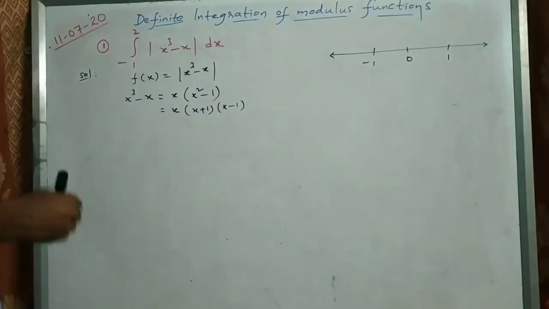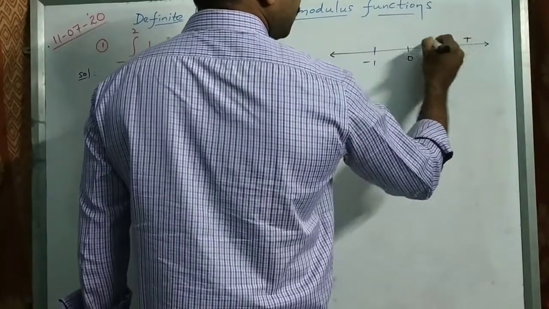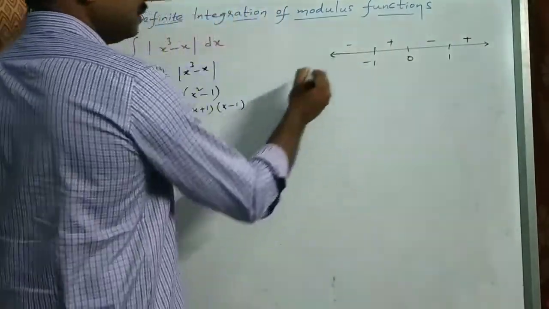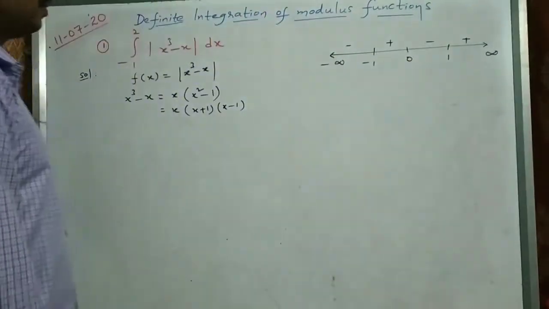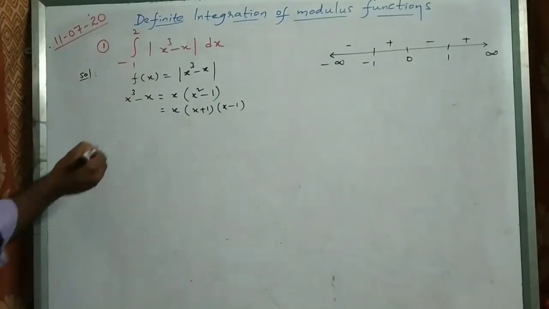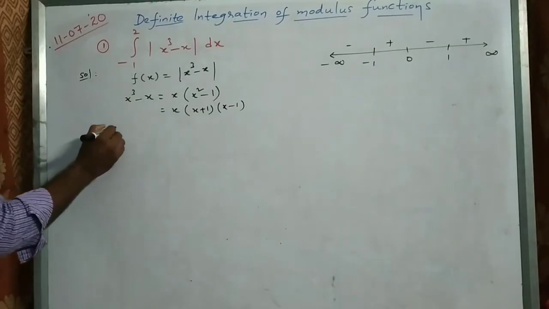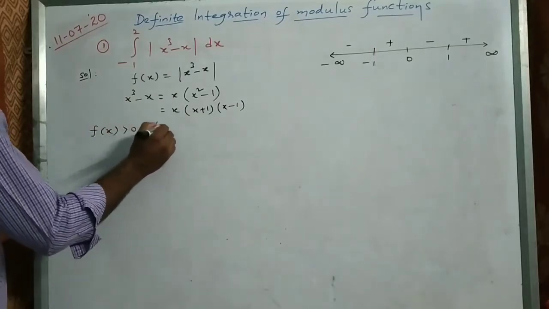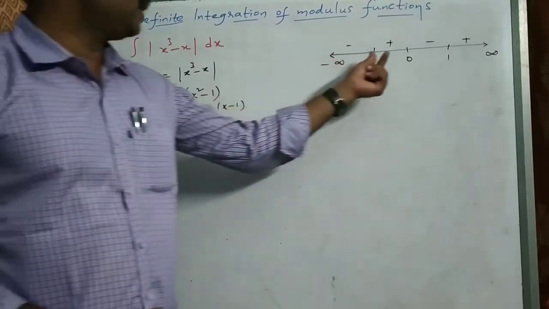You remember the wavy curve method? Uppermost will be positive. Alternatively it will give minus, plus, minus. This is minus infinity, plus infinity. So by using that number line, I can say that this function f of x is positive for all x belongs to, where do we have positive here?